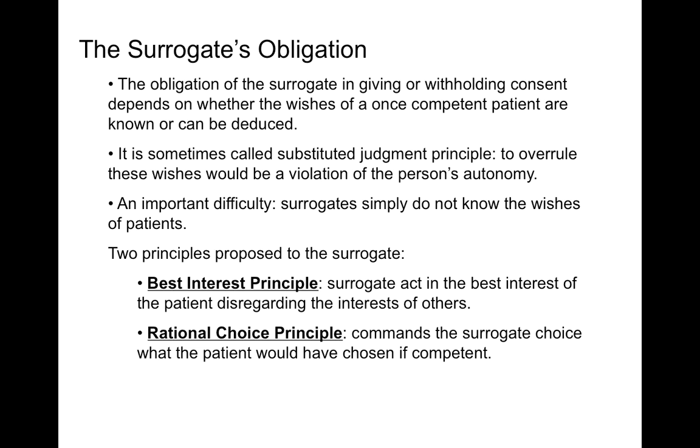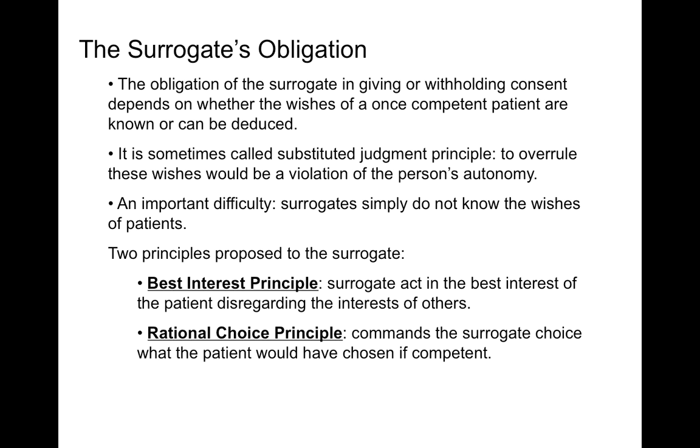The two are the best interest principle and the rational choice principle. The best interest principle is where a surrogate acts in the best interest of the patient, disregarding the interests of others. So again, recognizing that they are not the patient, but trying to think about what would be in the patient's best interest, regardless of other individuals and factors.